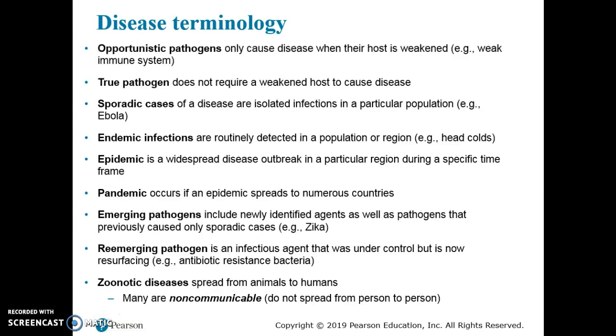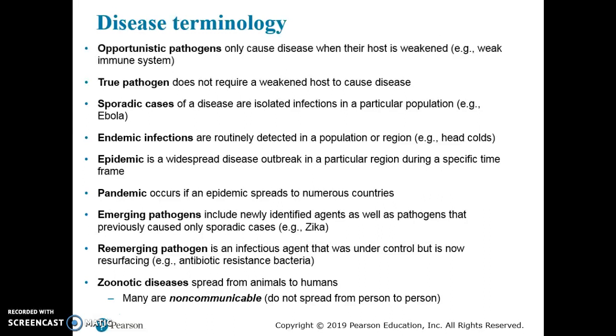Emerging pathogens are generally those that are found in the population or have come into the human population in the last 40 years, between 30 and 40 years, depending on what source you look at. Re-emerging pathogens are those that were once thought to be under control, but now are resurfacing and becoming a problem. And the example given here are antibiotic-resistant bacteria.